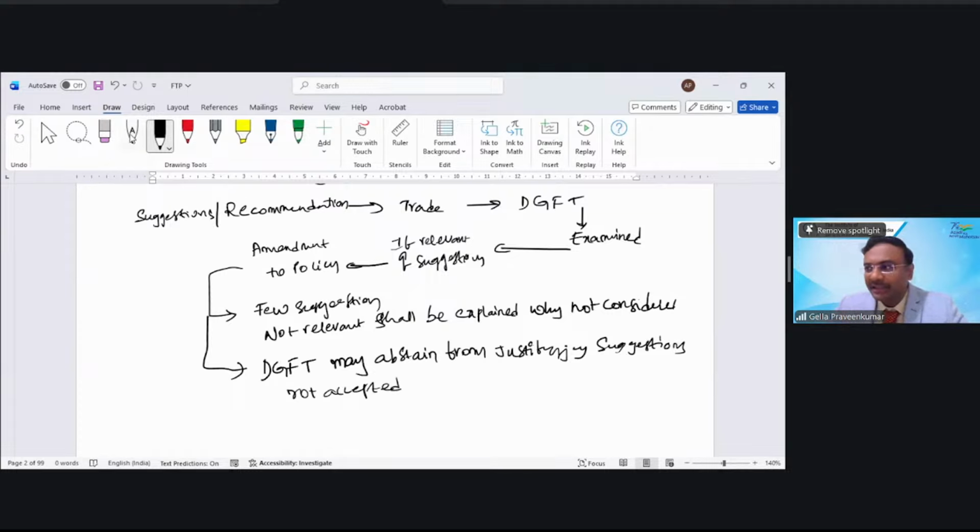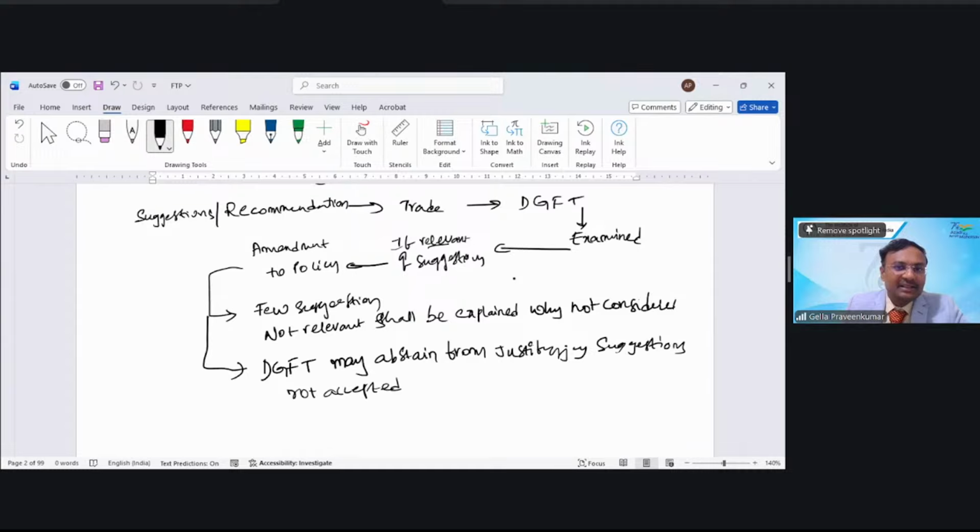So here, this is one amendment which has been brought into your institute material for the coming May 2026 attempt. Any suggestions or recommendations made by the trade in general to the DGFT authorities would be examined. If these suggestions are acceptable and they feel they are relevant, they make an amendment to the policy.